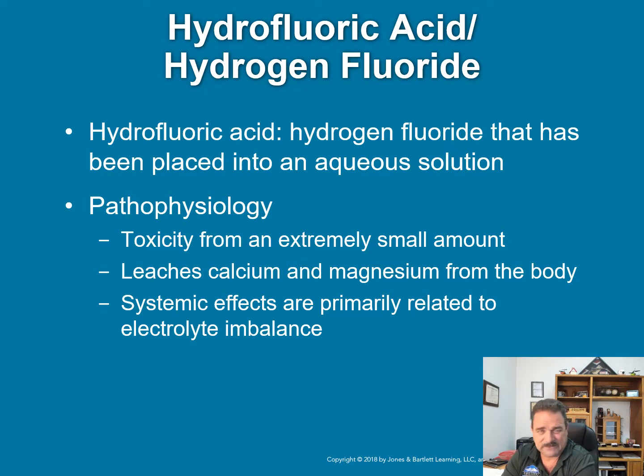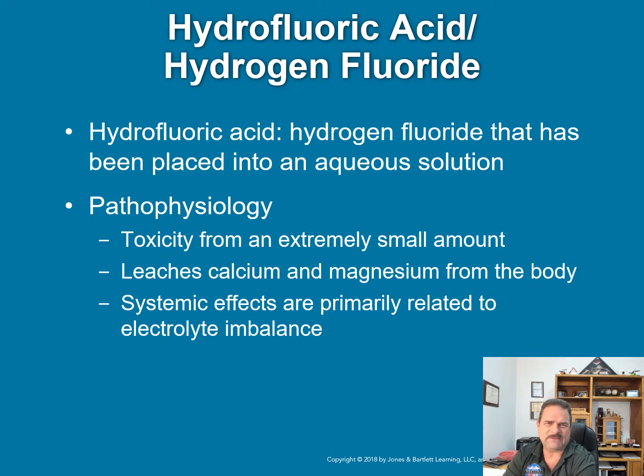All right, hydrofluoric acid and hydrogen fluoride, nasty stuff. Hydrofluoric acid is hydrogen fluoride that has been placed into an aqueous solution. It can cause devastating local and systemic toxicity from exposure to an extremely small amount. It is primarily used in industrial settings. What it does, it leaches calcium and magnesium from body tissues, and ultimately it results in profound hypocalcemia and hypomagnesemia.